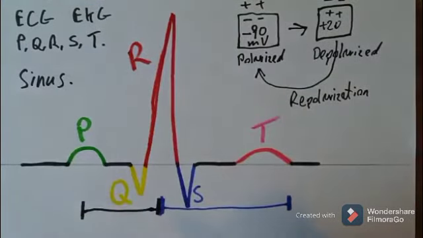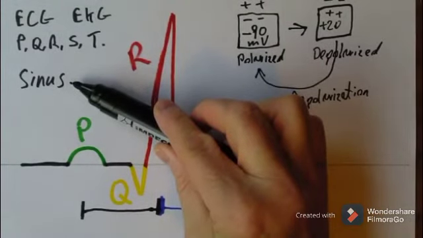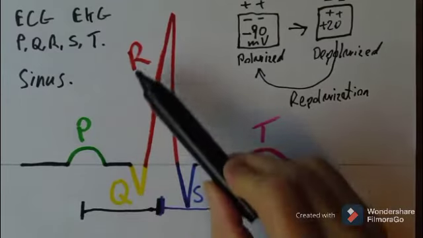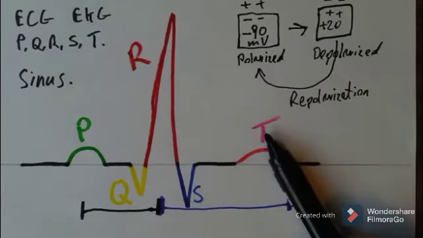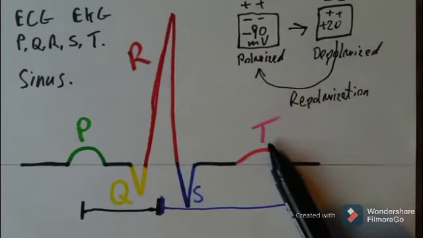And a sinus rhythm is generated by the sinoatrial node, the pacemaker of the heart. And a sinus rhythm has got a P, Q, R, S, T in the right order and is fairly regular. If there's a P, Q, R, S, T in the right order and it's fairly regular, but the rate is below 60, that is a sinus bradycardia.